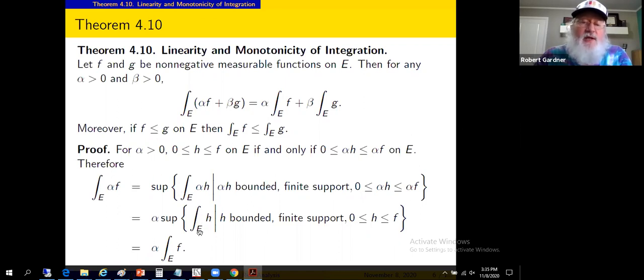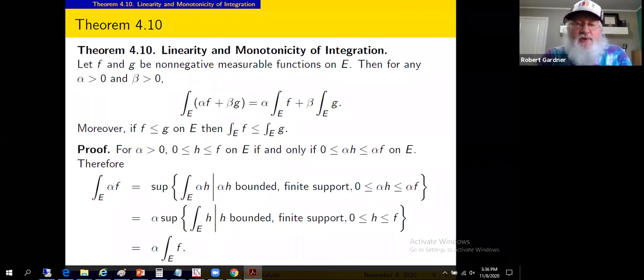That would leave us with an integral over E of h, bringing the alpha outside of the integral in the sup. Now about this thing over here, if alpha h is bounded of finite support and this holds, well, that's the case if and only if h is bounded of finite support and this holds, as we observed up there. Basically dividing everything inside by alpha doesn't affect the orderings, so the inequalities are preserved.